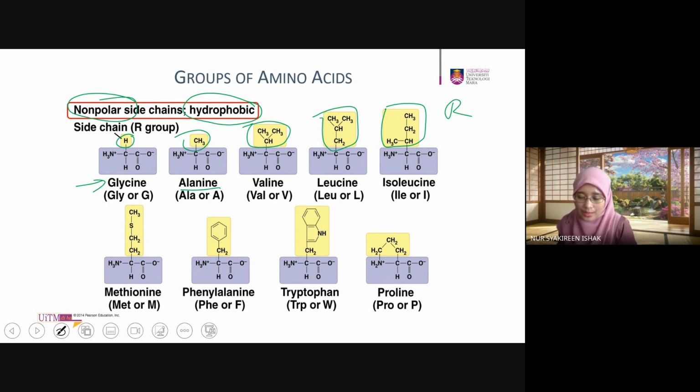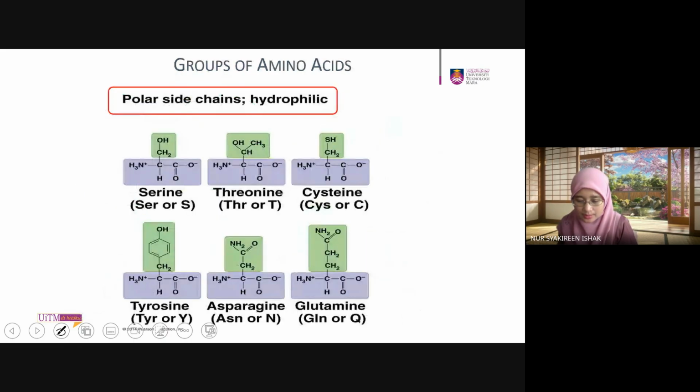Hydrophobic. So the next type is polar side chains. If you look at this amino acid, the green region is the side chain. As you can see, an amino acid that has a polar side chain causes the molecule to be hydrophilic and attracted to water molecules. Why?